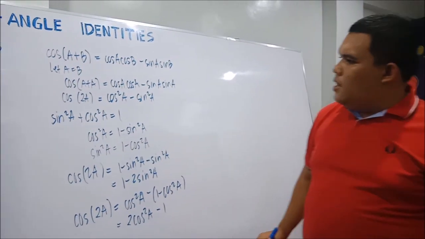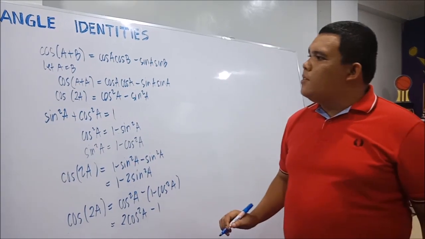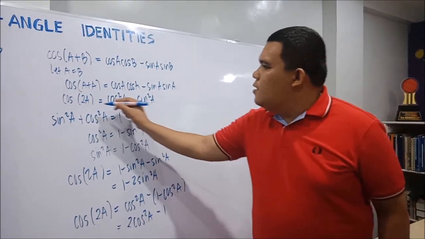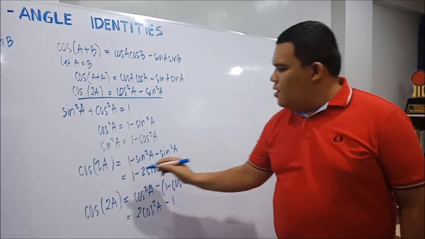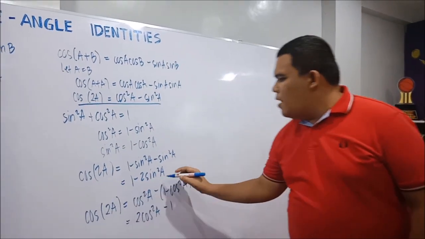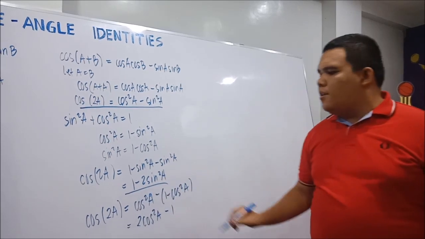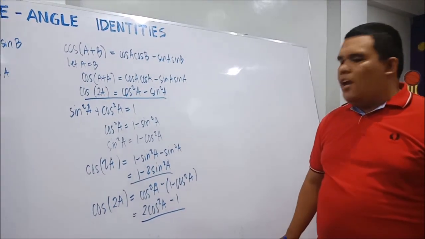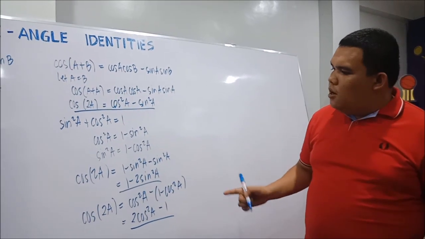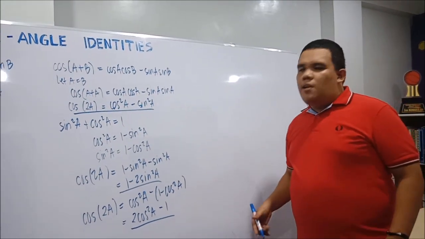So there are three identities for the cosine double angle: cosine squared A minus sine squared A, 1 minus 2 sine squared A, and 2 cosine squared A minus 1. That is all for the cosine double angle identities.